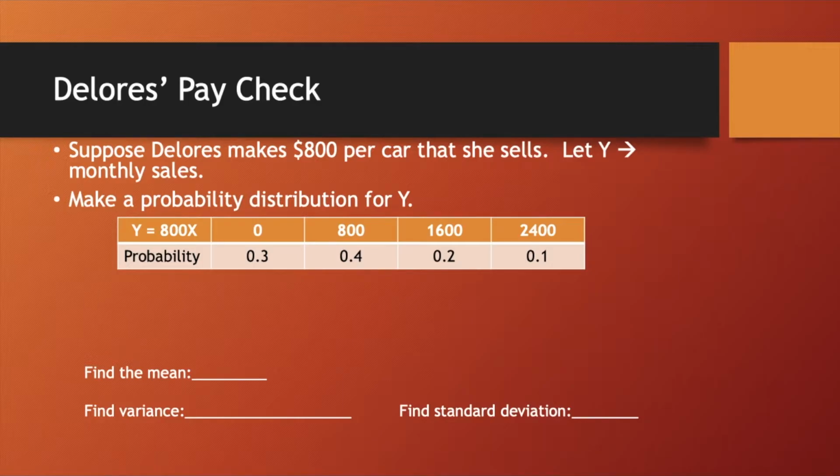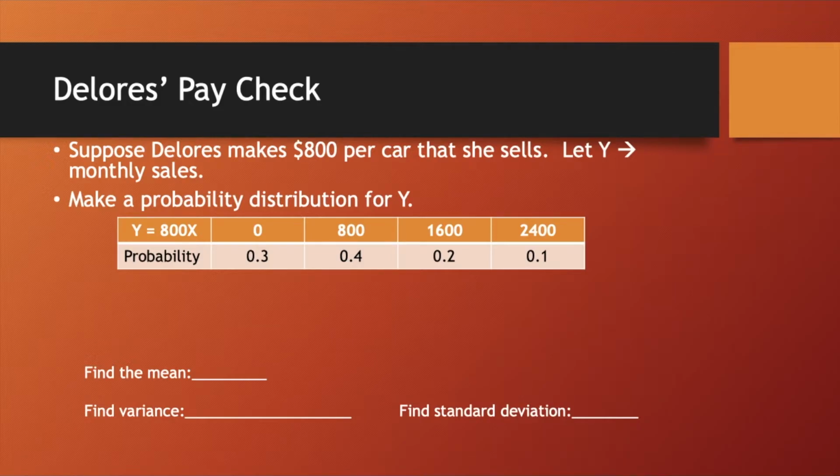If she sells 0 cars, she gets $0. If she sells 1 car, she gets $800, 2 cars, $1,600, 3 cars, $2,400. But the probabilities remain the same, because the probabilities of selling that many cars are still as they were in the table for x.